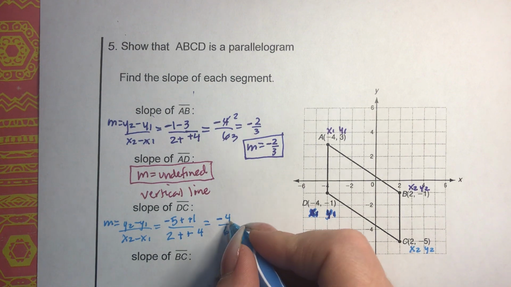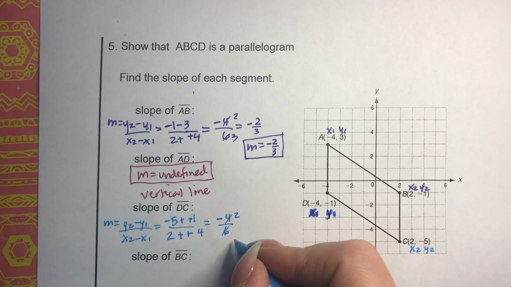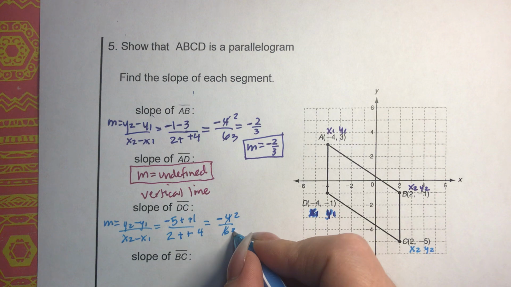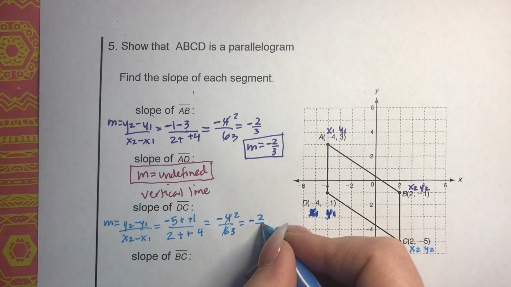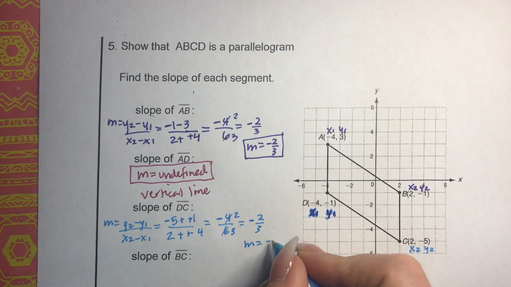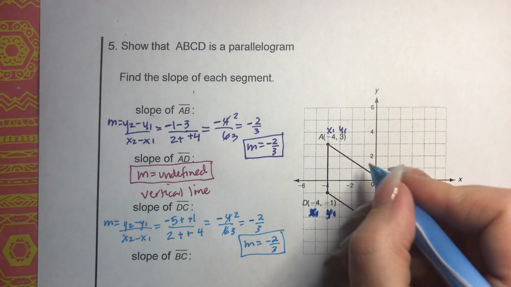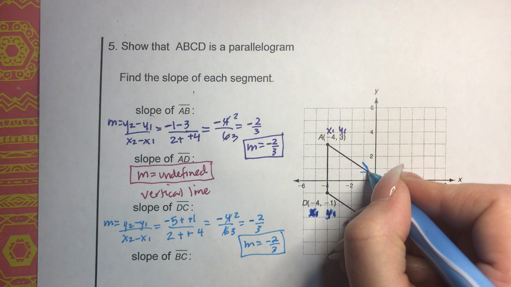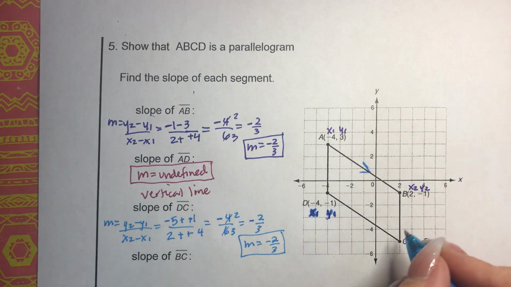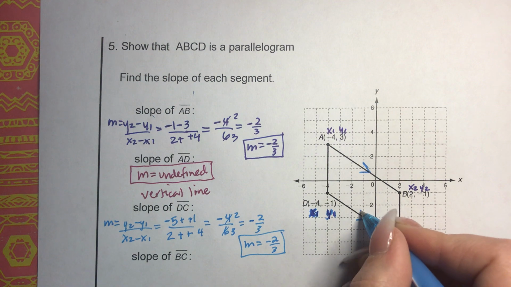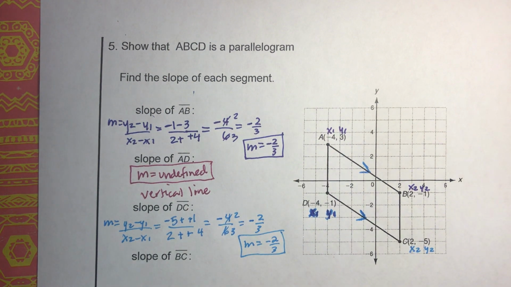Then we reduce: 2 goes into 4 two times, 2 goes into 6 three times. We end up with -2/3, so our slope is equal to -2/3. So AB is parallel to DC. We have one set of opposite sides that are parallel.